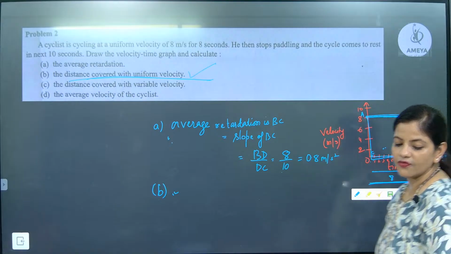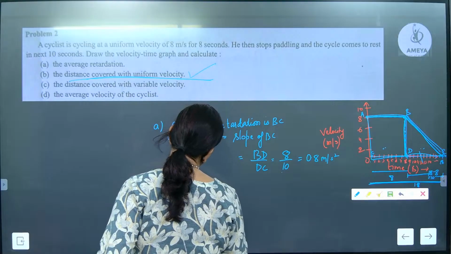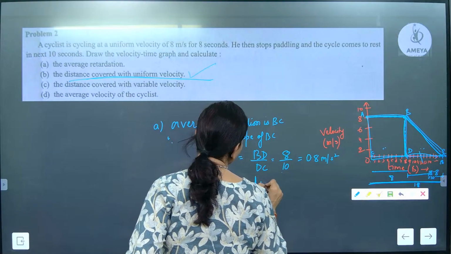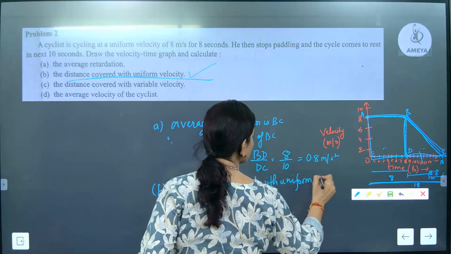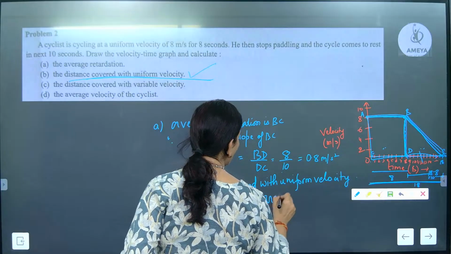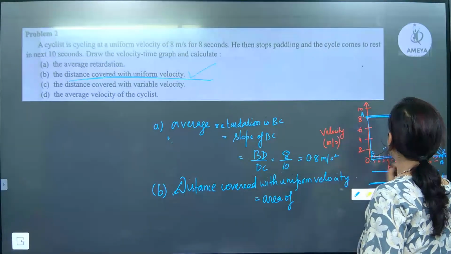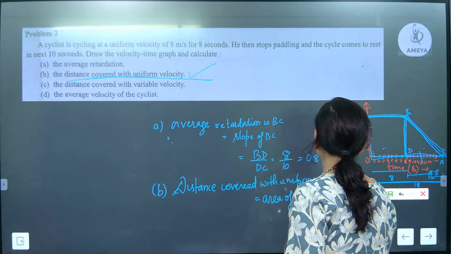So the distance covered with uniform velocity will be what, beta? That is the area of A, B, C, D, E. We can write directly.